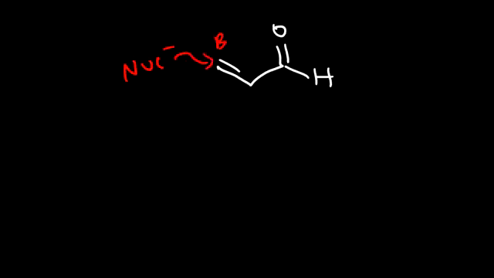Now I want to review direct addition and conjugate addition because it's relevant to this reaction. So what you need to understand is that weak bases, when they behave as nucleophiles, prefer to attack the beta carbon. And so they favor conjugate addition.